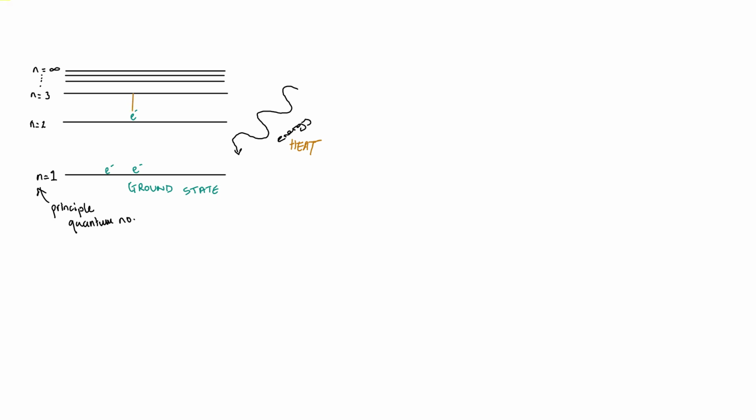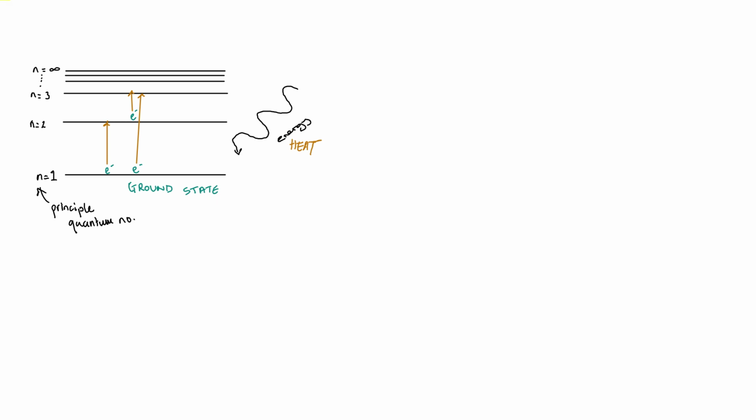So this electron can move to here, this electron can move 2 levels up, and this may move 1. So they end up getting to these states. Now when they're at these states, they're absorbing specific wavelengths of light which are proportional to the gaps or the differences in energy level.